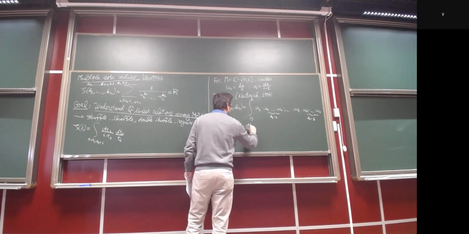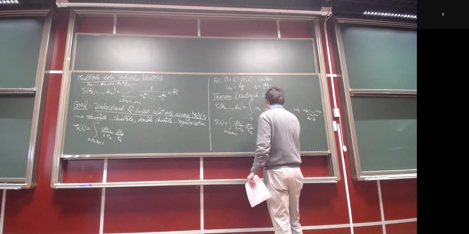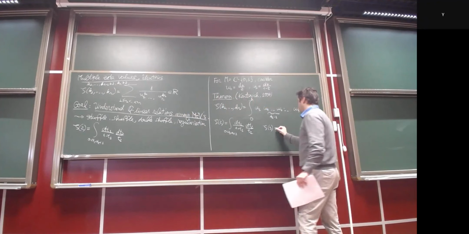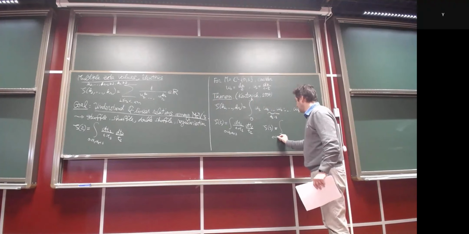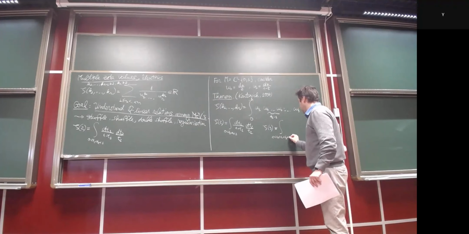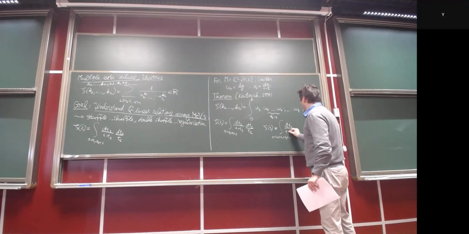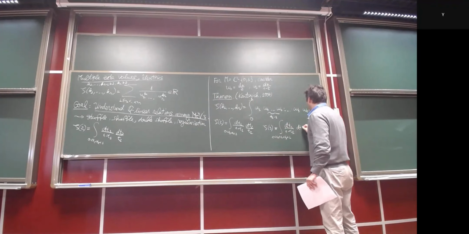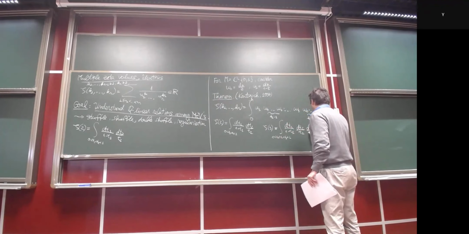Or if you want to write zeta of 3, in weight 3 we have a single zeta. You write it as an iterated integral with weight 3, so pay attention: dt1 over 1 minus t1, dt2 over t2, and dt3 over t3.